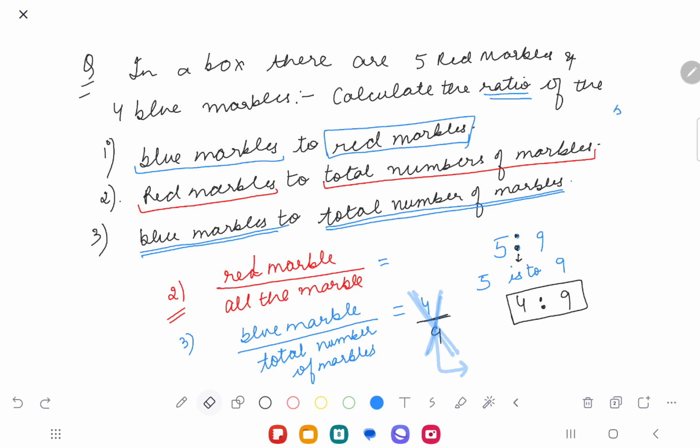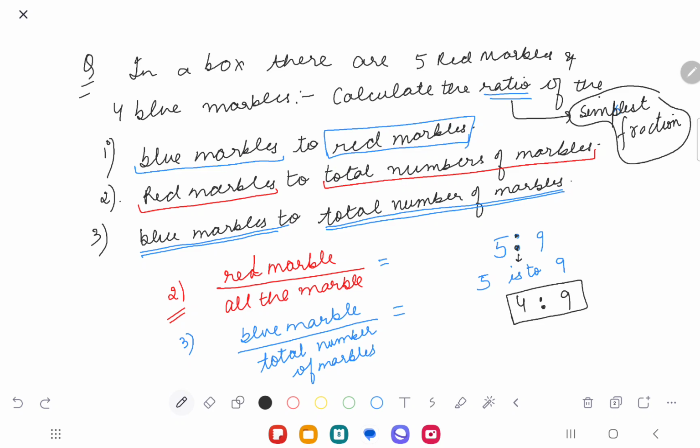But in your mind, it should be clear that ratio is nothing but just a fraction. But ratio is the simplest fraction. That's the understanding. Yes or no? That's the answer. Any doubts in this?